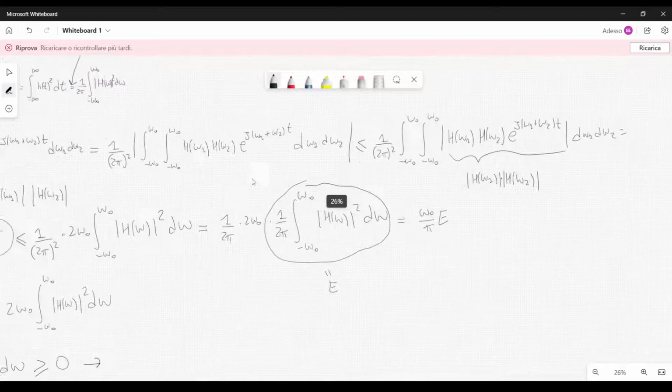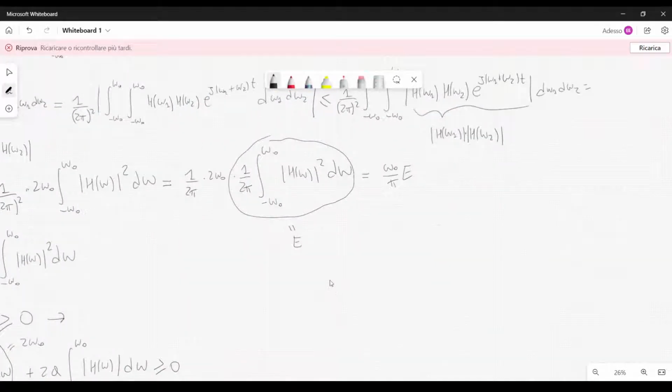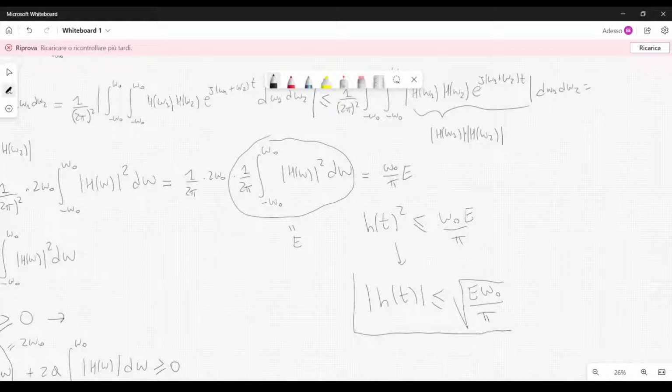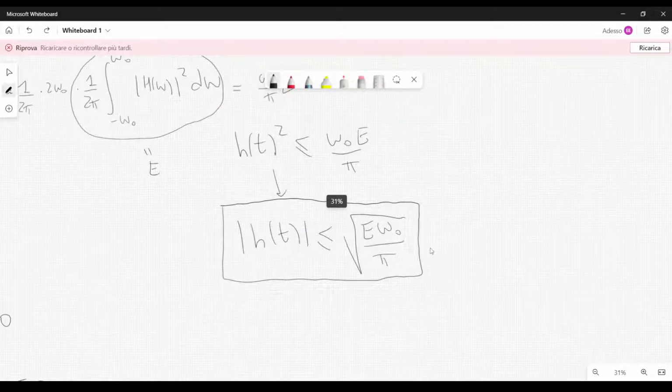And we just showed that h of t squared is less than or equal to omega naught E over pi, which means that the modulus of h of t is less than or equal to the square root of E omega naught over pi. So we can see that the modulus of h of t is bounded by the energy of the signal, but also by the bandwidth of the signal, because if the bandwidth is very, very large, it means that we don't have really a constraint on the single values that the signal can take.